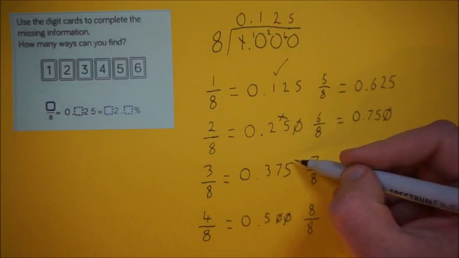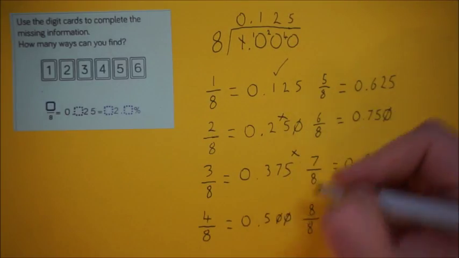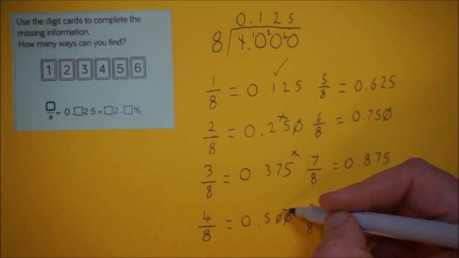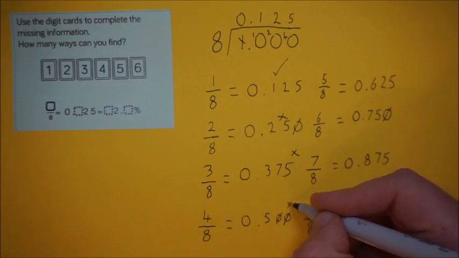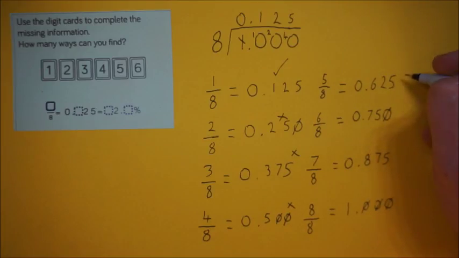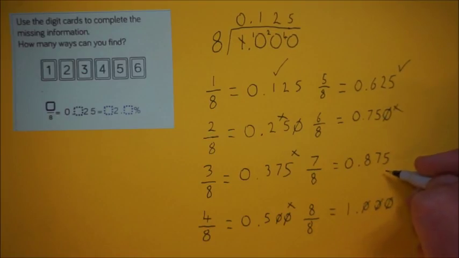This one ends 7.5. Nope. This one's got nothing in the hundredths and the thousandths at all, so it can't be that one. This one ends in 2-5, so it could be that one. We might be able to make that one work. This one ends in 5-0, so it can't be that one. This ends in 7-5, and then this one ends 0-0, so that's no good at all. Right, so the only two possibilities I've got are 1/8 and 5/8.